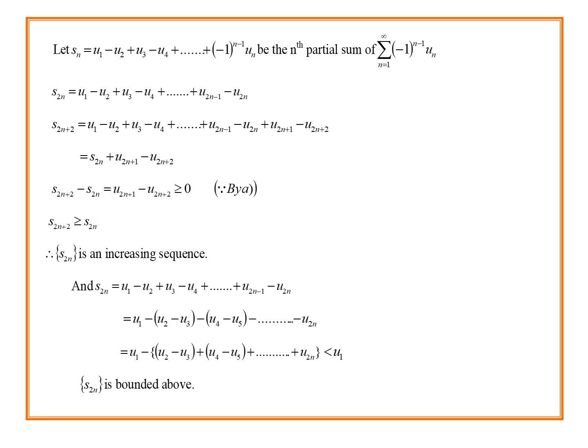Now we take S of 2n, that is equal to u1 minus u2 plus u3 minus u4 plus so on plus u of 2n minus 1 minus u of 2n.